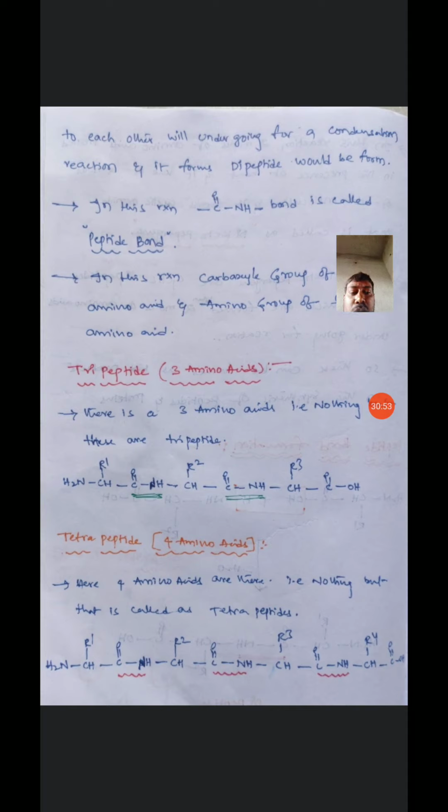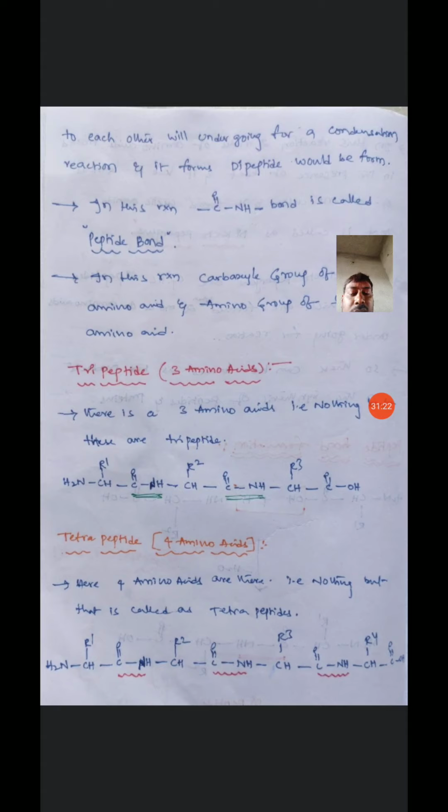Here NH2 CHR C=O NH, CHR2 C=O NH, and CHR3 C=O OH. In this reaction, the C=O NH bonds are called peptide bonds.